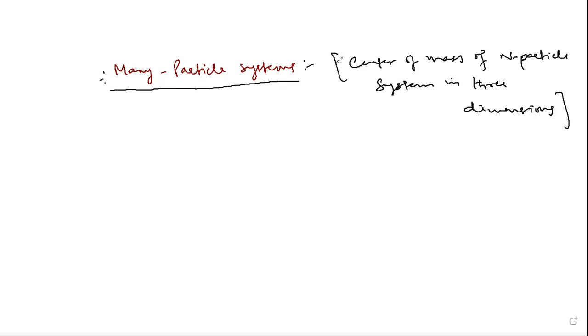So we consider a system of n particles of masses m1, m2, and so on up to mn.